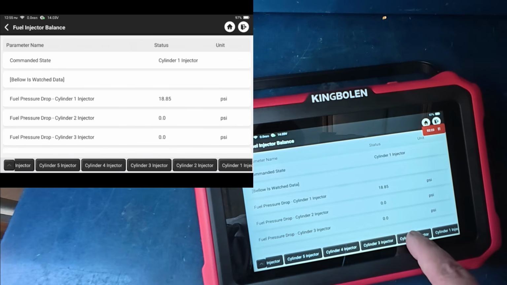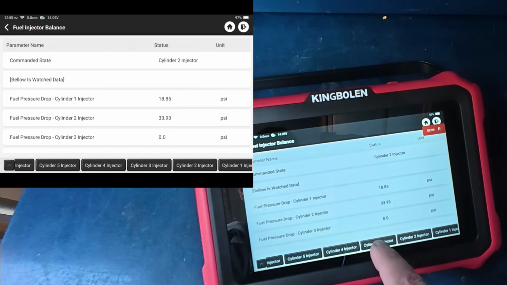You do want to wait a few seconds just to make sure that the fuel pressure in the fuel rail has stabilized. Cylinder 3. Cylinder 4.